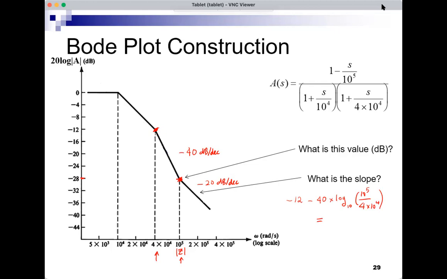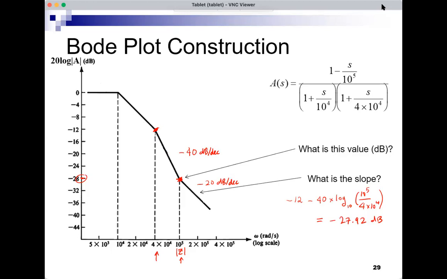So 2.5, log base 10 of that is 0.4, times 40 with a minus sign, and then minus 12. And I get minus 27.92. So this is not exactly minus 28. This is minus 27.92 dB.